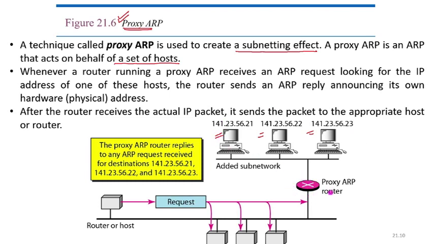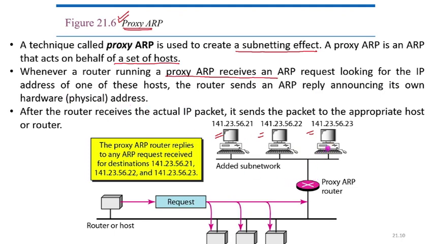Whenever a router running proxy ARP receives an ARP request looking for the IP address of one of these hosts, the router sends an ARP reply announcing its own hardware or physical address.